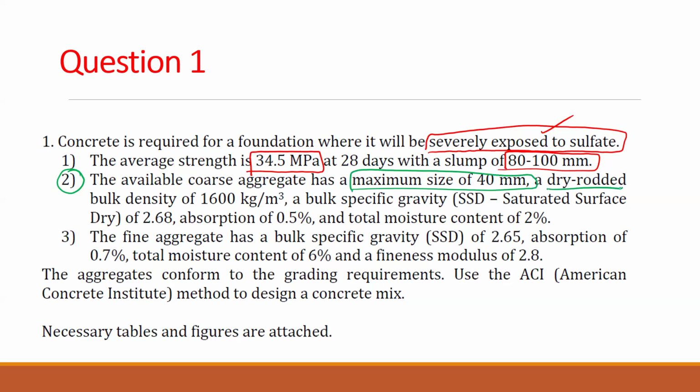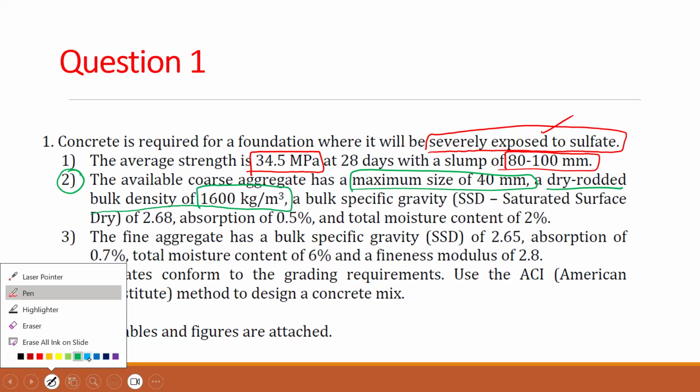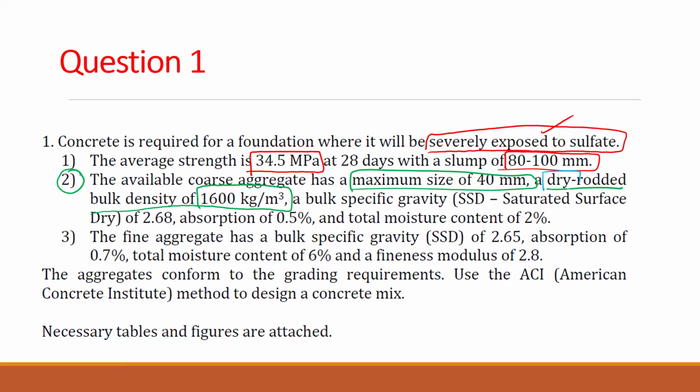The dry rodded bulk density is 1,600 kilograms per meter cube. What do we mean by this? Dry means what? Yes, without water. If we take a sample of aggregates and oven dry it, it will become dried aggregate. And rodded means what? Yes, you compacted it.